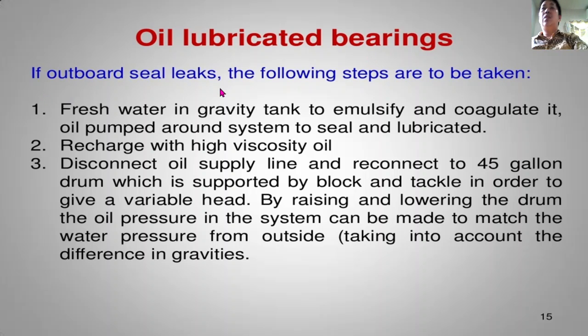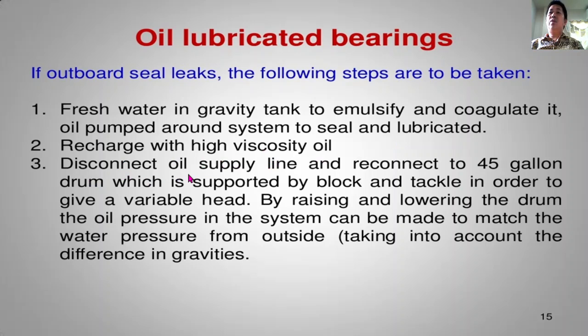If the outboard seal leaks, the following steps are to be taken. Put fresh water in the gravity tank to emulsify and coagulate. Pump oil around the system to seal and lubricate. Recharge with high viscosity oil.